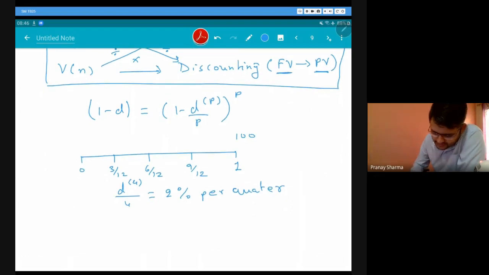If that is the case, in one quarter, what would be my value? I will have to discount for one quarter. So that would be just 100 into 1 minus d4 by 4. That becomes 98.